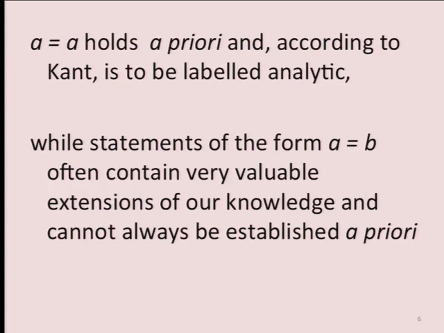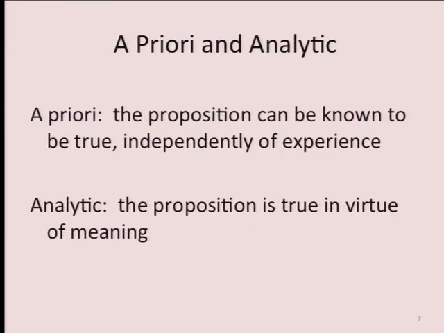Okay, very good. These are different distinctions. The necessary one is an important notion, but it's not quite the same as a priori. The key thing about a priori is this idea: it can be known to be true independently of experience. So you just know it by reason. Something like that is the picture.